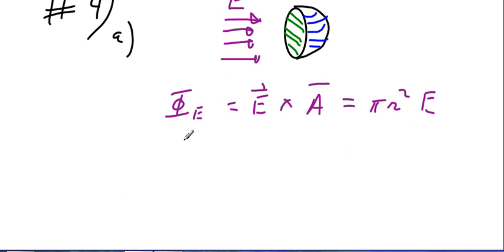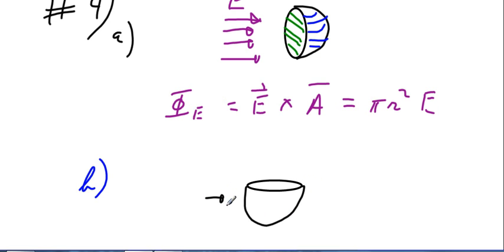Well, that was way too easy. Problem B: what happens if the flux comes in a different way? We'll have our hemispherical surface sitting like this, and I have an electric field going that way.